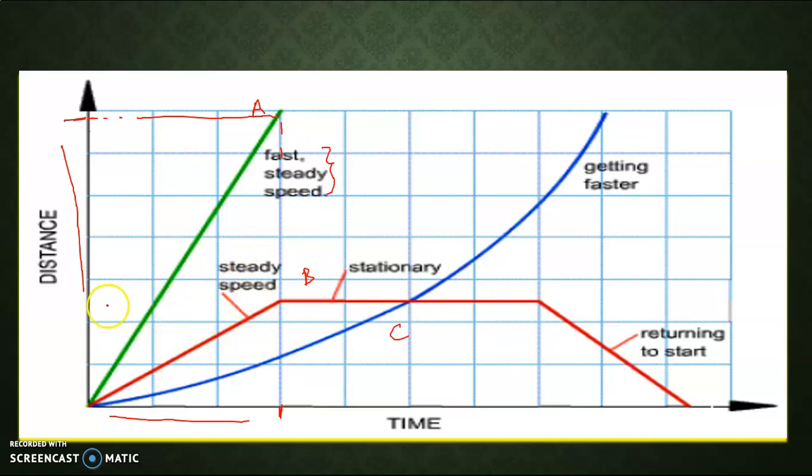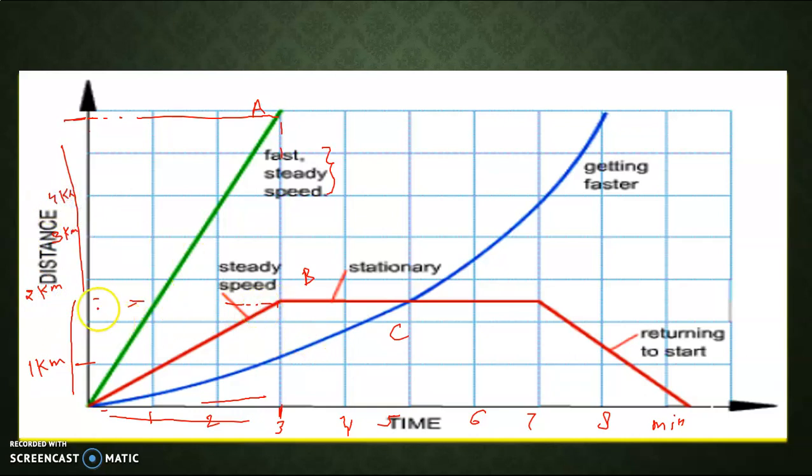If we intersect the point from graph B, we can say that in approximately the same interval of time, the distance traveled by the object is also the same. If we represent time as 1 minute, 2 minutes, 3 minutes, up to 8 minutes, these are time in minutes, and these are the distance in kilometers, 1 kilometer, 2 kilometers, 3 kilometers, 4 kilometers.